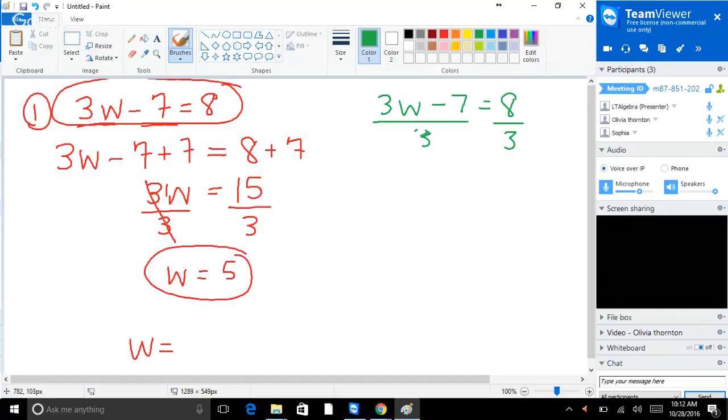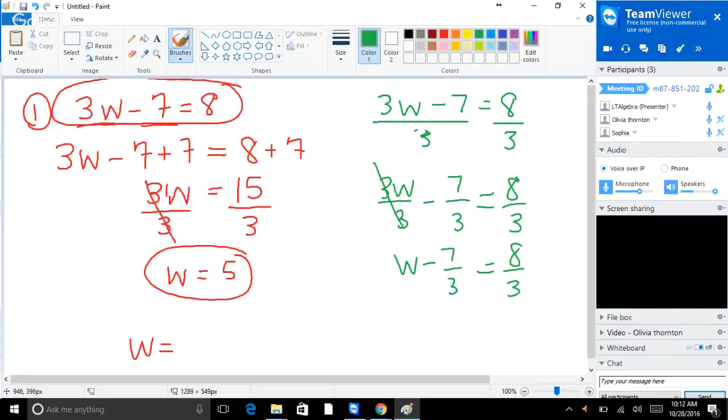So if I divide both sides by 3, I'm going to get 3w over 3 minus 7 thirds equals 8 thirds. So this becomes w minus 7 thirds equals 8 thirds. And then I'm going to add 7 thirds to both sides.